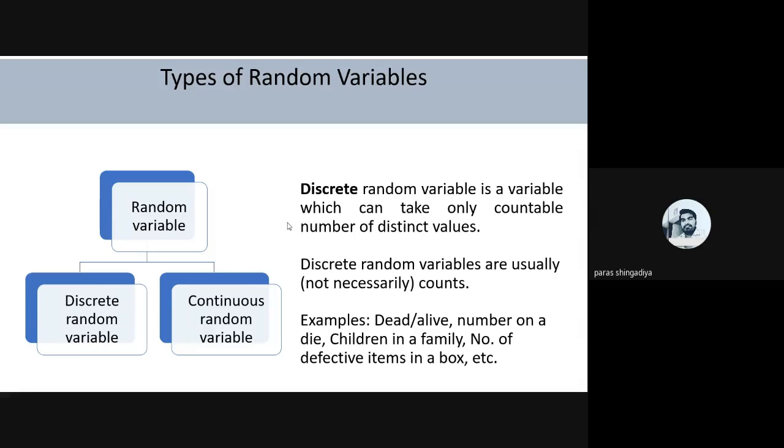Then another example, a number of days of rainfall in the city, that is also countable, clear, let us write this example here, number of days of rainfall in a city, that is also countable, आप डे को काउंट कर सकते हो, ठीक है, जो भी चीज है अगर वो countable है, okay, it is finite, clear, then it is called a discrete random variable, clear.